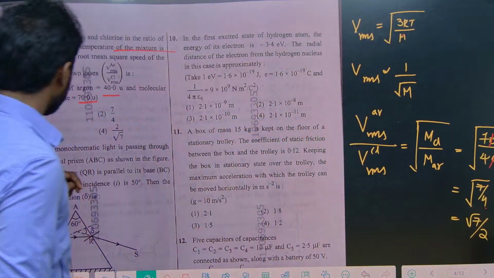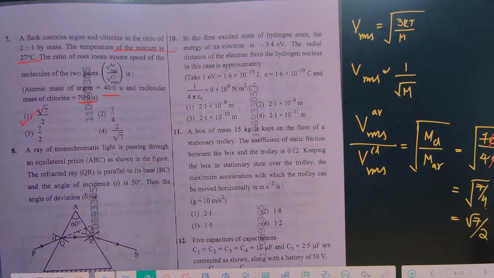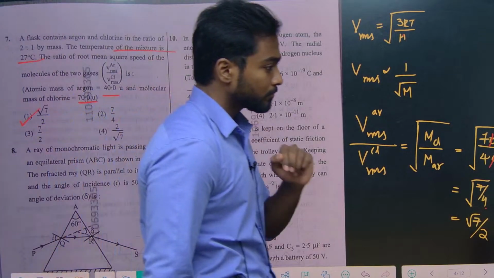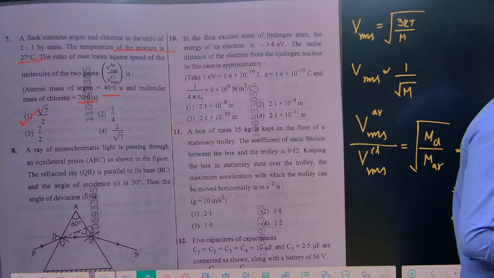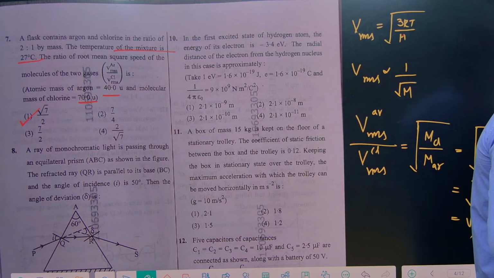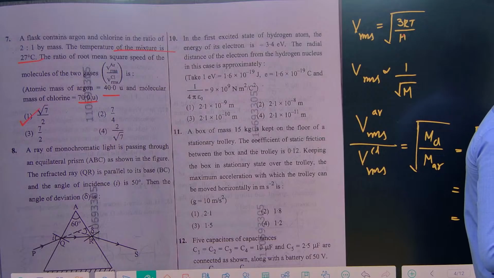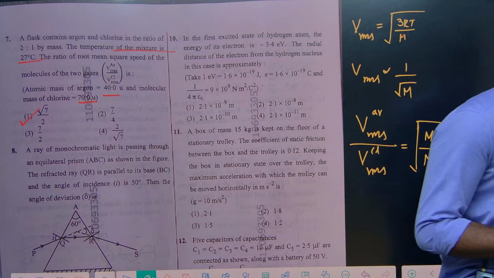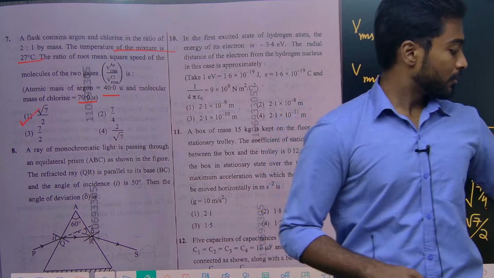So option ఏంటి? Root 7 by 2, option 1. Done.